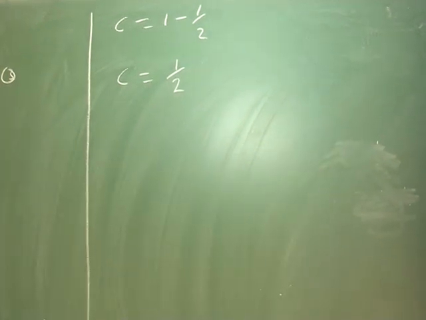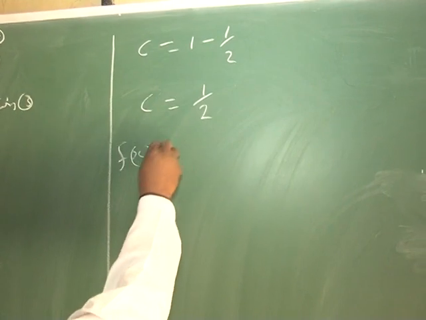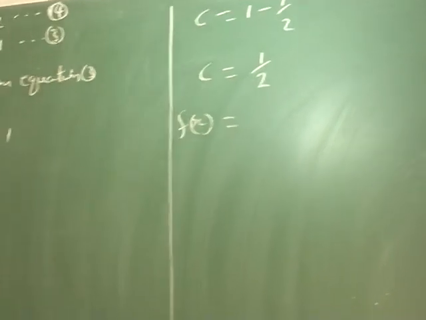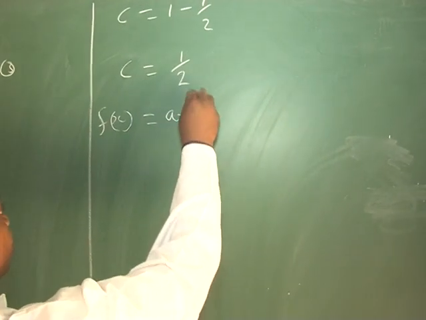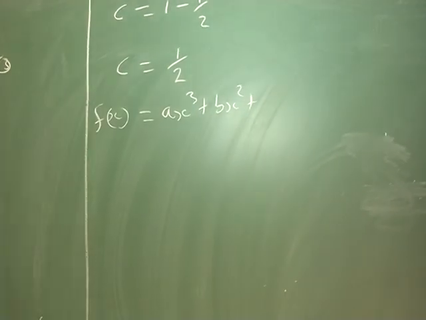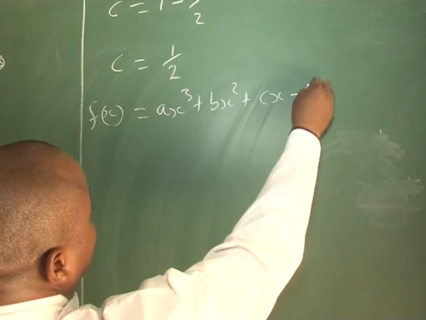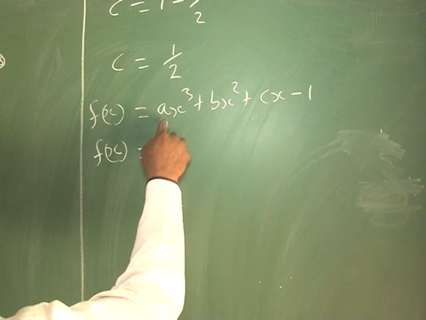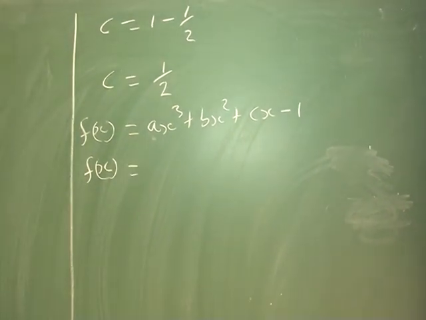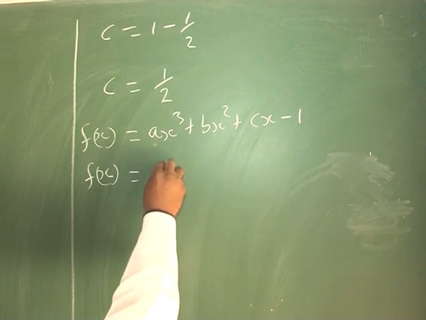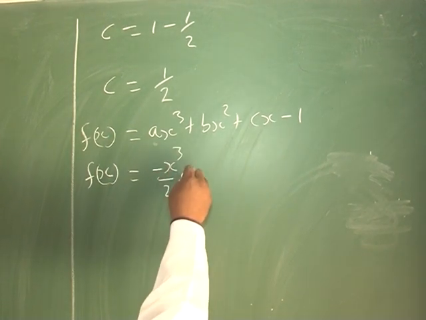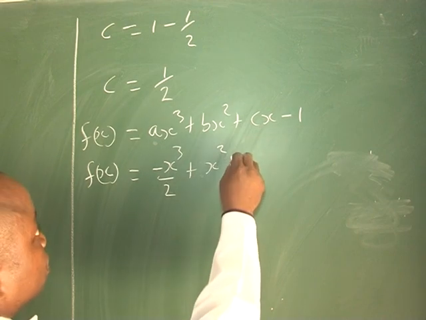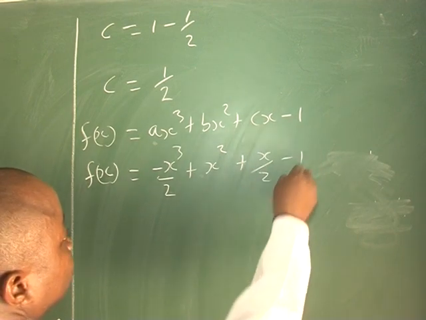Okay, so it means that f of x from the given question, which is a x cubed plus b x squared plus c x minus 1, now becomes f of x equal to minus x cubed over 2 plus x squared, because b is 1, plus x over 2 minus 1.